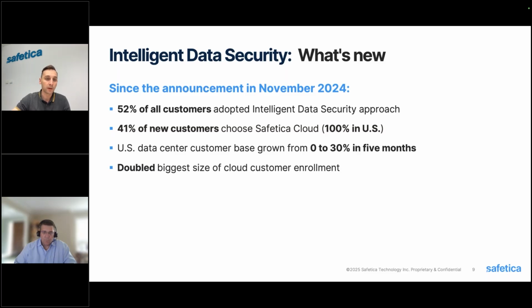Again, it's an indicator that there is demand for localized data centers. Together with our colleagues, we are evaluating what new data center locations would be great. So even if the US or Europe is not the best solution for you, we are definitely considering adding more data centers as we go forward.